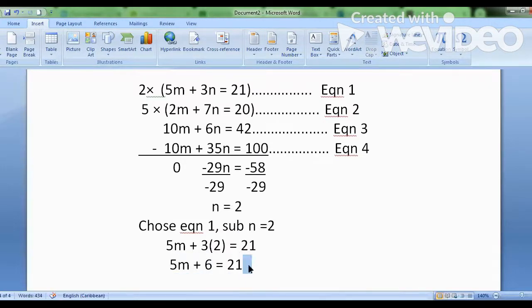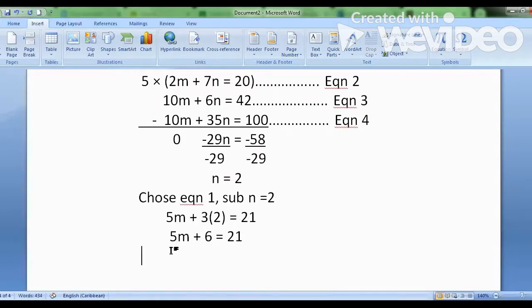Now you're going to put the 6 over on the right hand side. So you're going to have 21 minus 6, so you're going to have 5m equal 15.